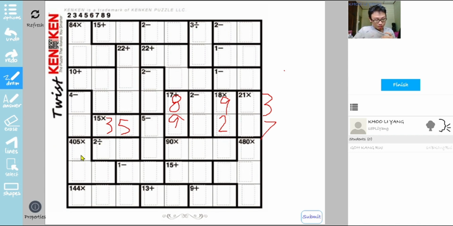Thus, 9 times 5 times 9 is 405. That is two 9s, so we put it like that. 9, 9, 5.